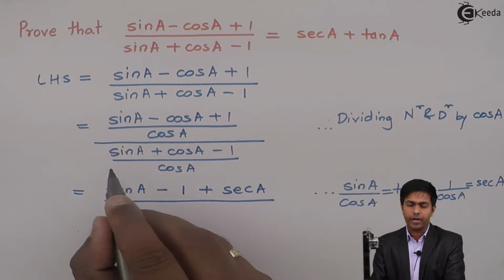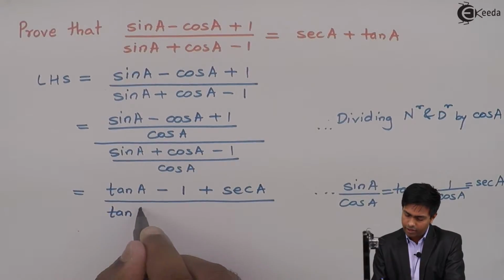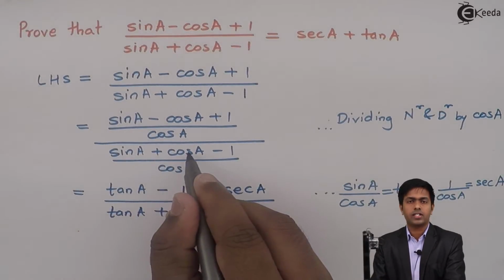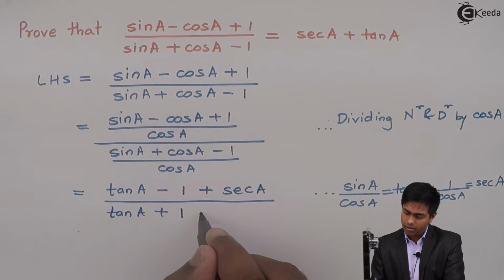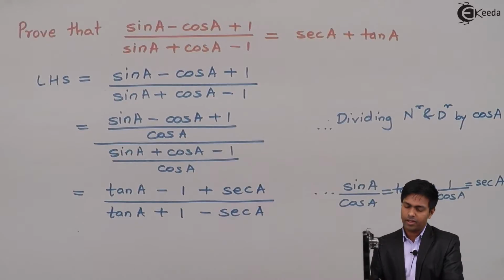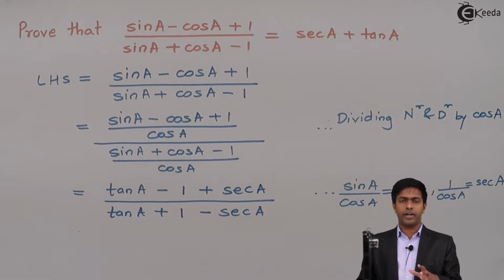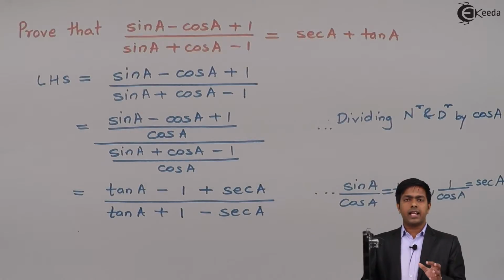Similarly, in the denominator, sin of a upon cos of a is tan of a, plus cos a upon cos a is 1, minus 1 upon cos a is sec a. So it means we have converted all the sin and cos trigonometric ratios into tan and sec.